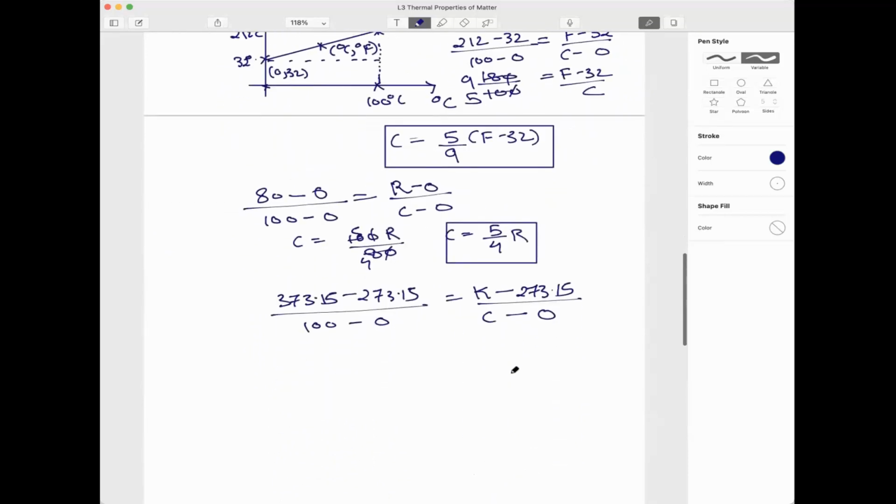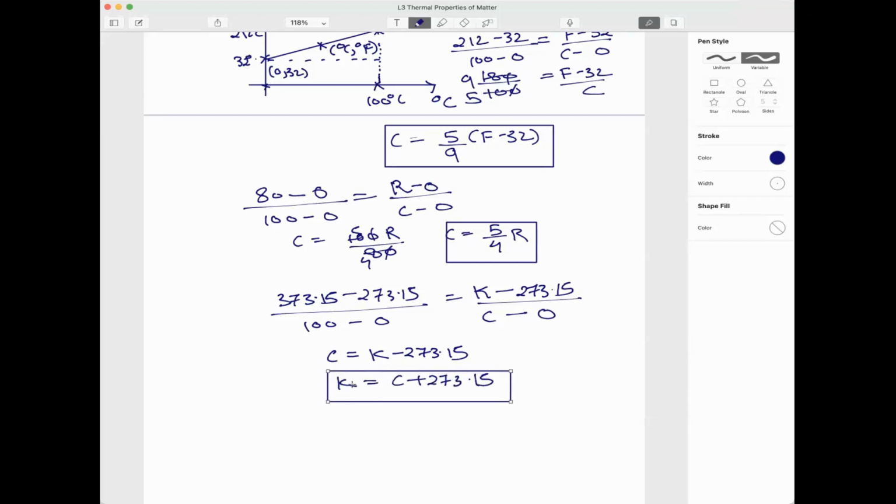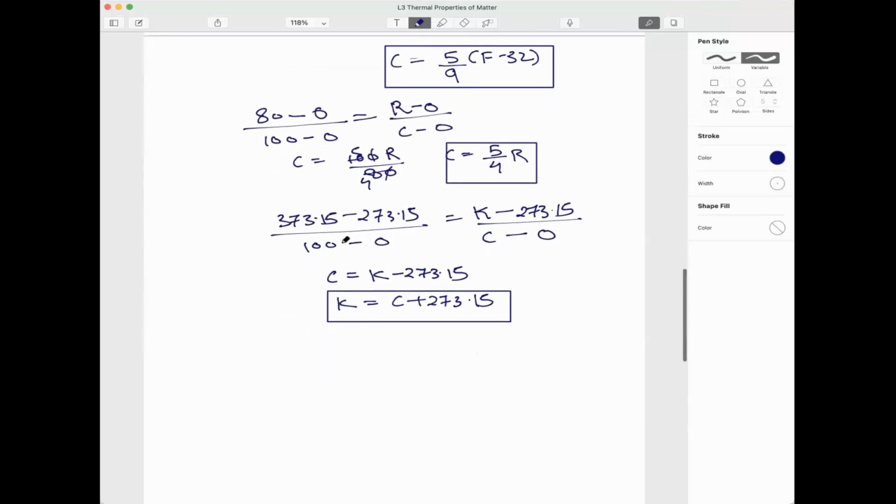So from here, C comes out to be K minus 273.15. So if something is given in degree centigrade, then you need to add 273.15 to get that in Kelvin. So that is C plus 273.15. Okay. So these are the concepts of thermometry.